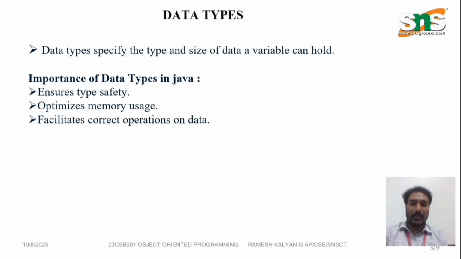The main reasons why data types are used in Java: first, it ensures type safety; second, it optimizes the memory usage; and third, it facilitates the correct operations on data. We'll be seeing this with an example.